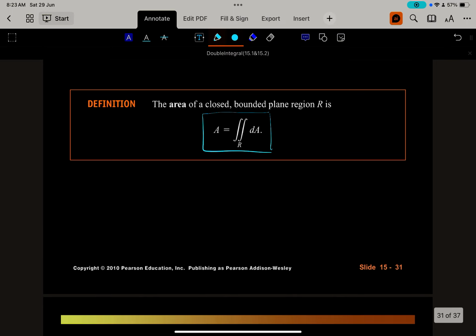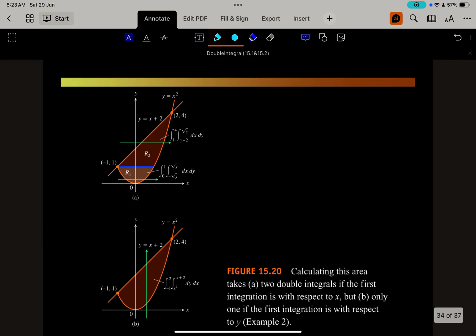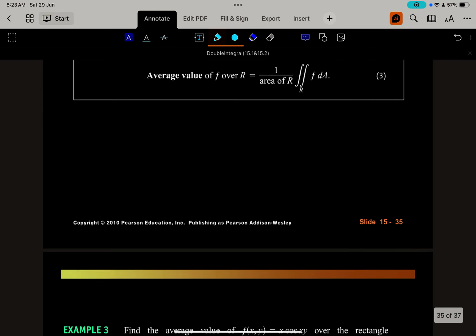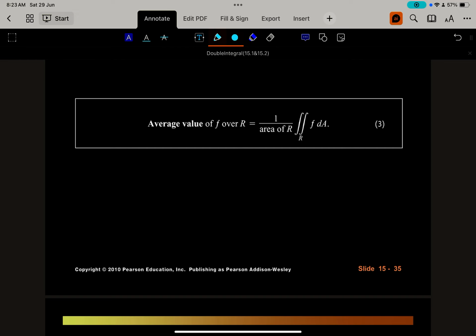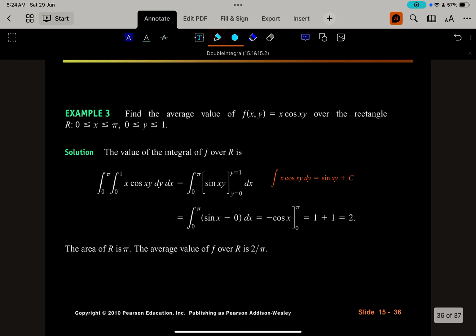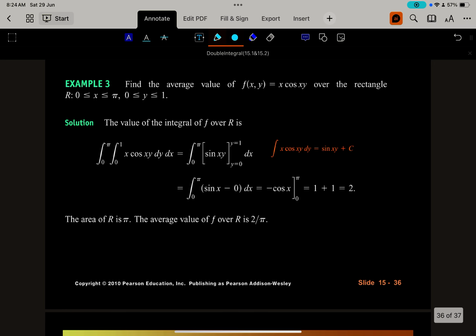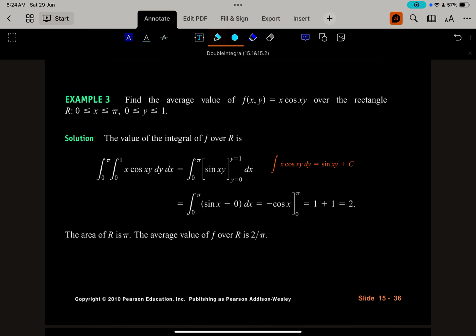So the average value equals the double integral over R of f dA over the area of R. Now here we have a rectangle, so we just evaluate the double integral.